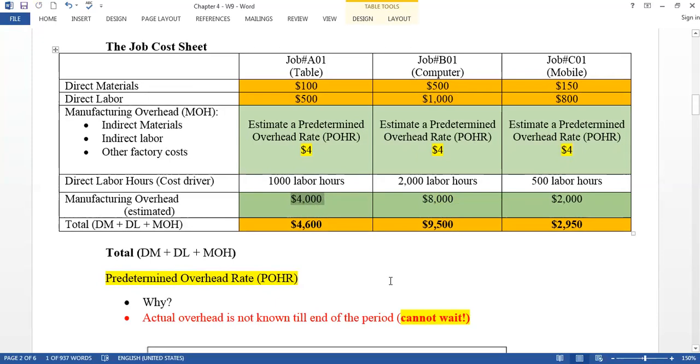At the end of the year, you have the opportunity to adjust your mistake. If this number is wrong, you can make it correct at the end of the year. But today we cannot wait for 1 year. Today we can estimate a number and record our job cost for each job. Do you understand my point?